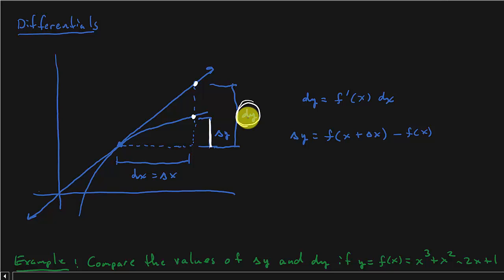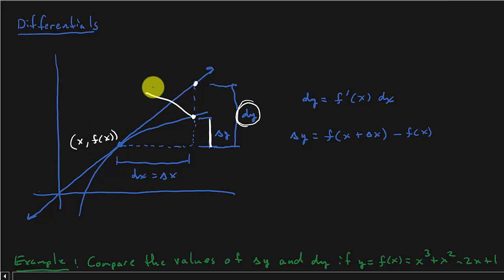So you can see, look, this point here has an xy coordinate. This has an xy coordinate. All you're doing is subtracting the y coordinates. See, if this is the point x, f of x, you see that?